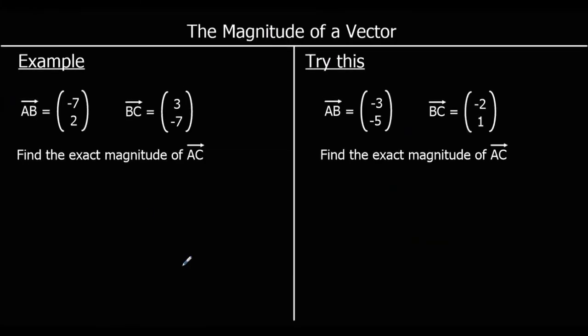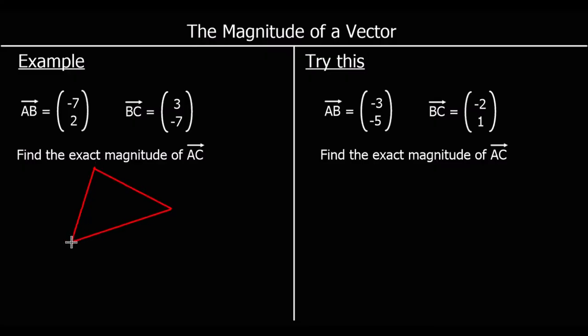Here's another example. We've been given AB and BC, and we need to find the exact magnitude of AC. So firstly, we have to work out what AC is, and then we'll find the magnitude using Pythagoras. We can find AC by thinking of this as a triangle.